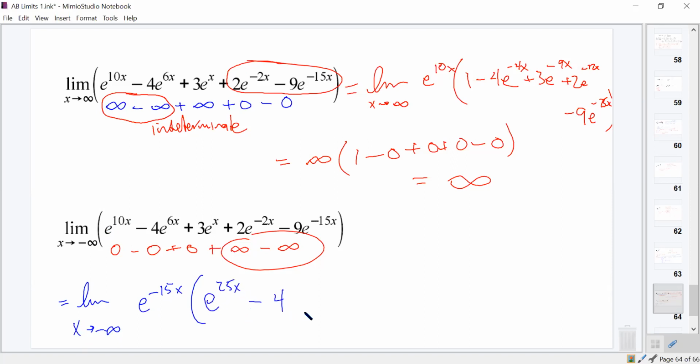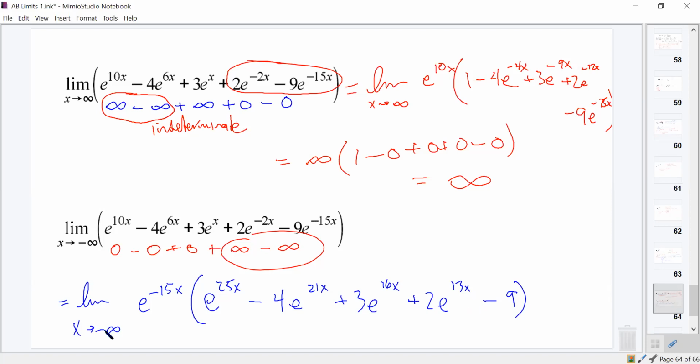And then minus 4e to the 21x. And then plus 3e to the, what does that one become? 16x. I can do arithmetic. Plus 2e to the 13x. And then minus 9.